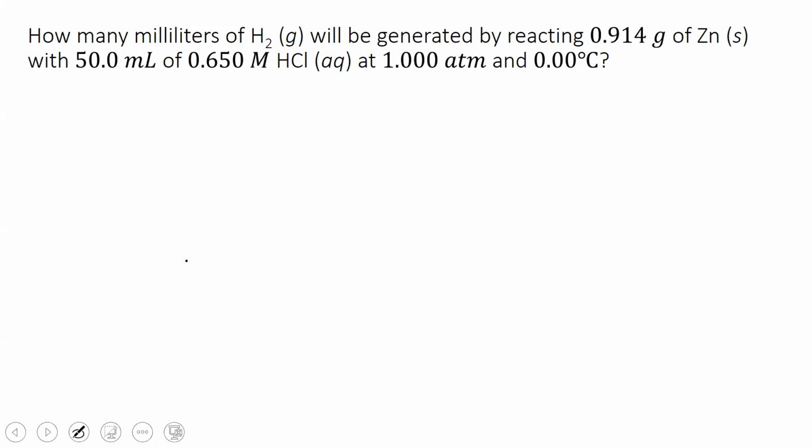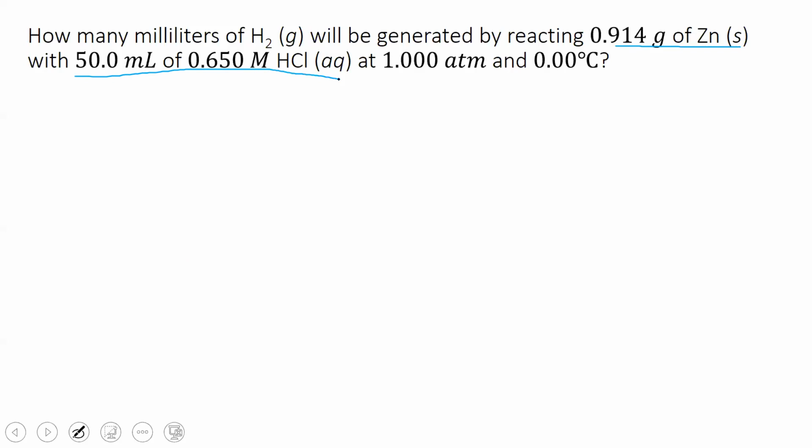So here we have an amount of zinc and we have an amount of hydrochloric acid. The first thing we need to do is actually write out a chemical equation for this. And so this is actually a redox reaction, stuff that we did in chapter 4, just not so long ago.